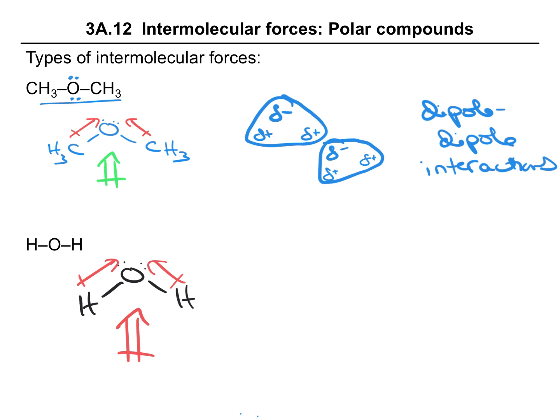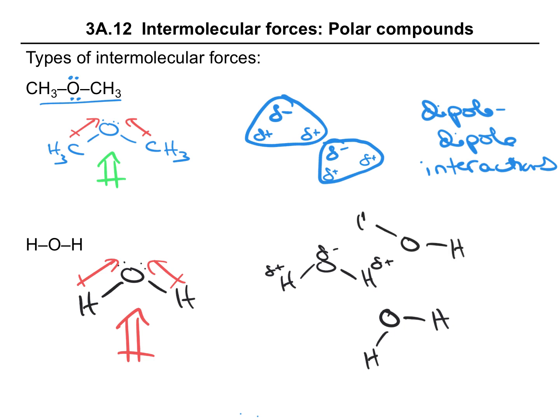Rather than representing molecules of water as a blob, let's just write out water. But remember, we have a partial minus, partial plus, partial plus. So one molecule of water can line up with another molecule of water and another molecule of water and another molecule of water. Here's our partial minus, partial minus, partial minus, partial plus, etc. And here we have interactions between the partial minus of one molecule with a partial plus of another molecule.